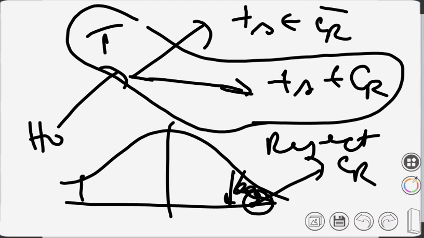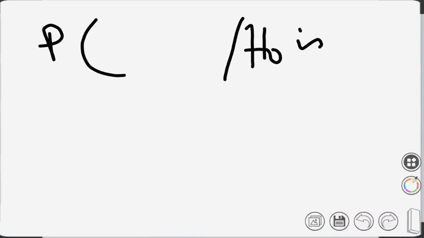That means although the null hypothesis is true, you are rejecting it. That means it is a true null. So we will be terming this as the probability that H naught is true, where H naught means the null hypothesis is true.